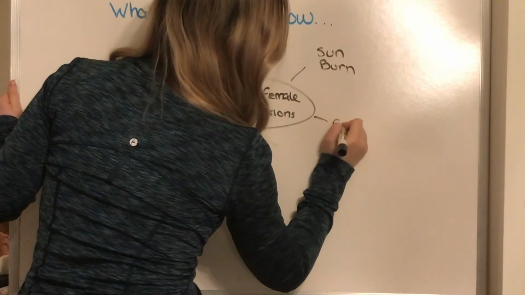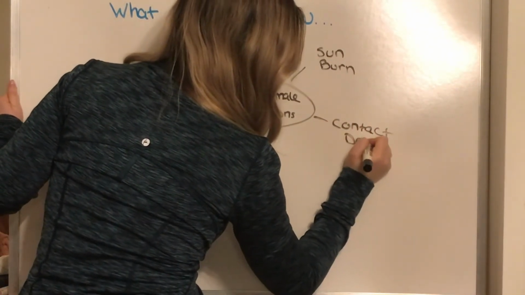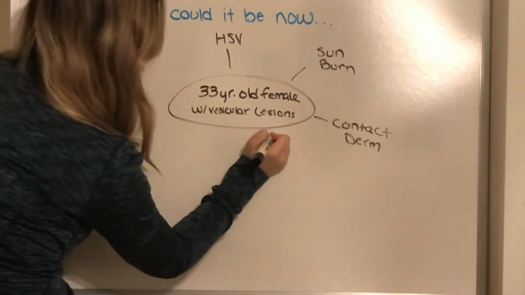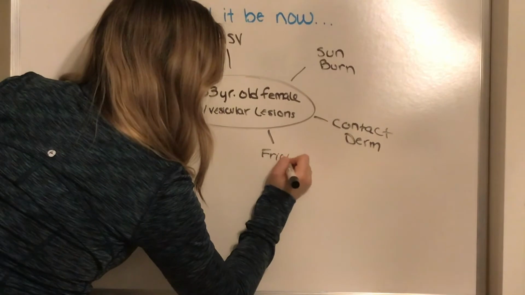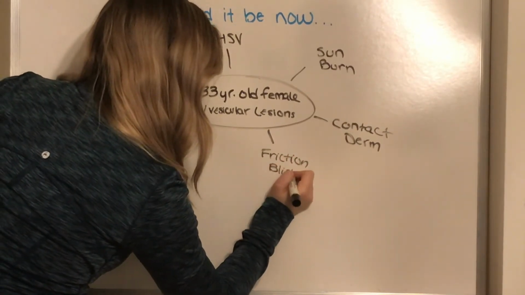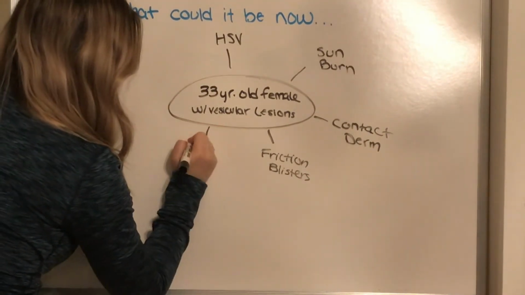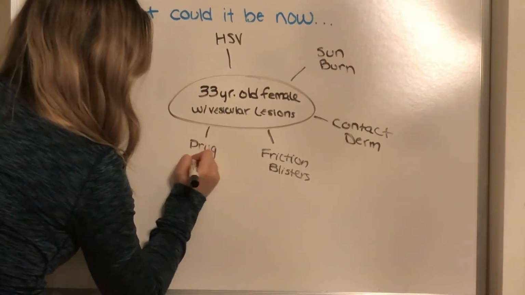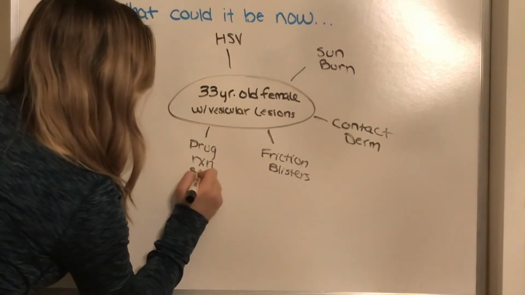Something else it could be would be a sunburn. It could be contact dermatitis. This could also be friction blisters. Other things that would be important to think about are drug reactions, specifically Stevens-Johnson syndrome.